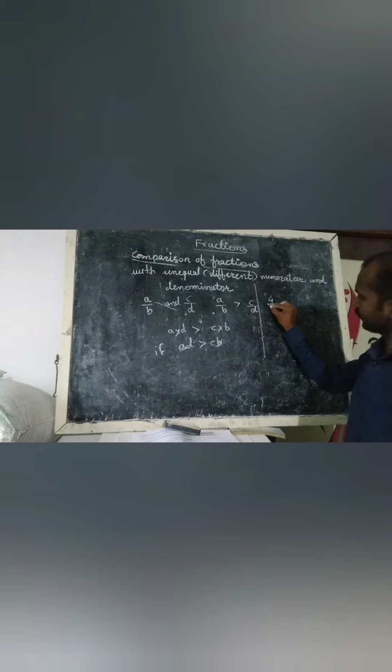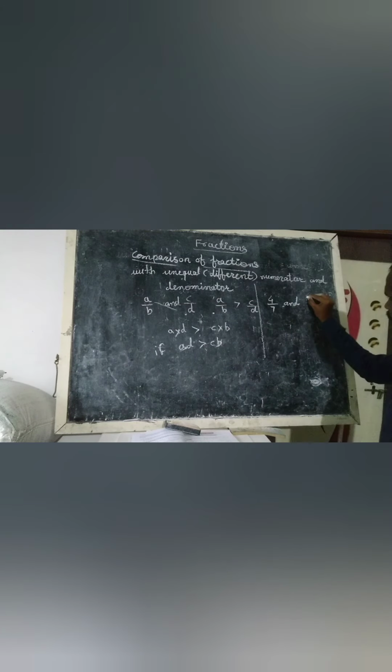So take one example, 4 upon 7 and 3 upon 8. Now here A means 4, D means 8, B means 7, C means 3.